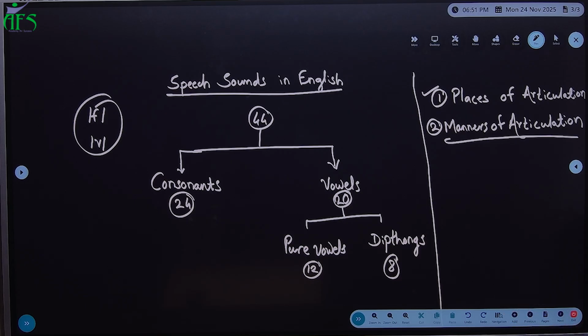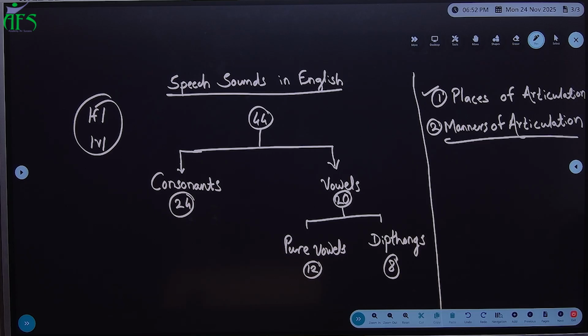Lateral sounds can be alveolar, dental, post-alveolar, or even sometimes retroflex. Lateral sounds are usually voiced, and the sound L comes under this category.